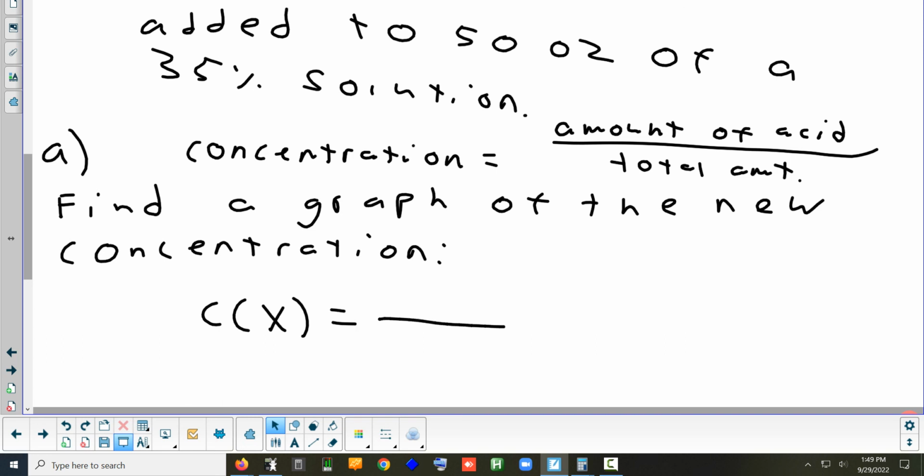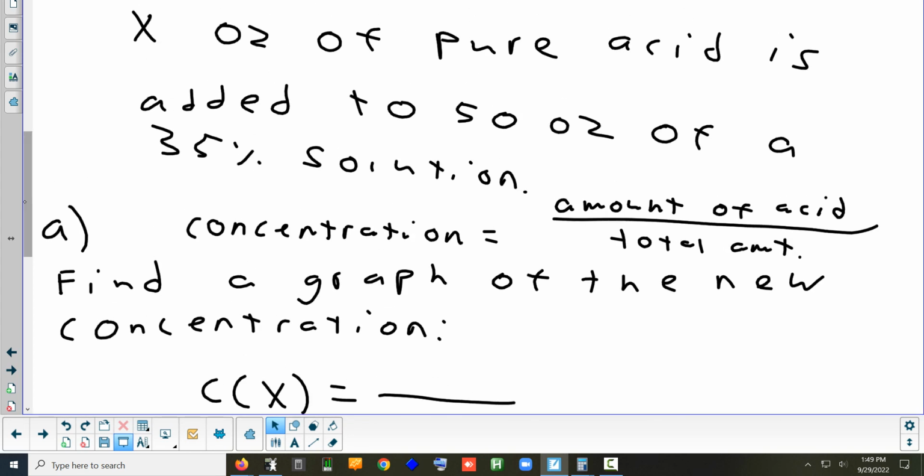So find a graph for the new concentration. We need to write down the amount of acid we have divided by the total. The first thing is, how much acid are we already starting with? That's there no matter what. We've got 50 ounces and 35% of it is acid.